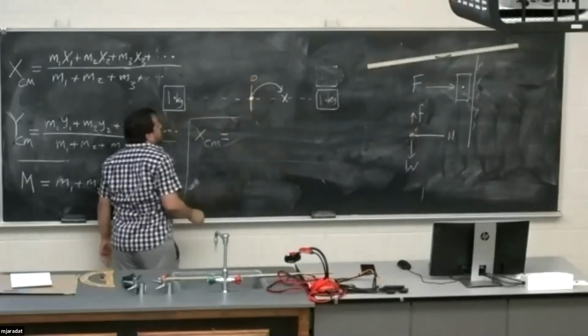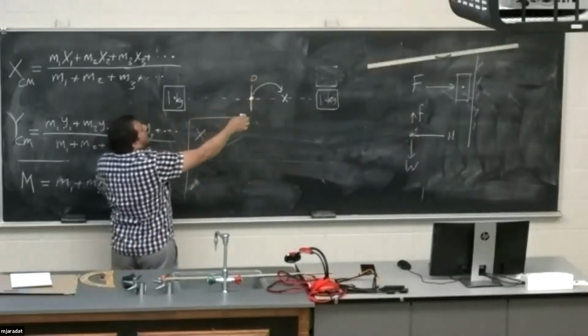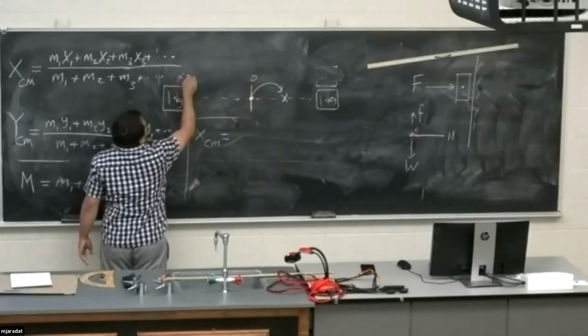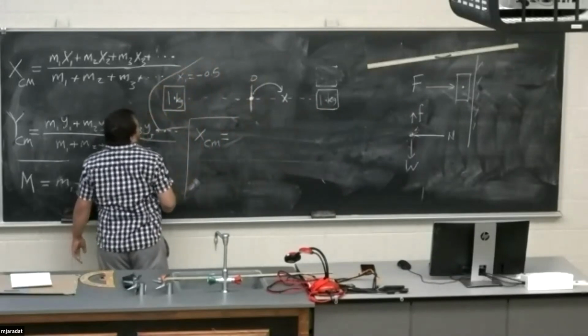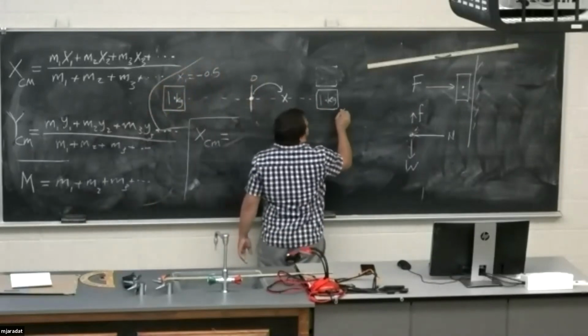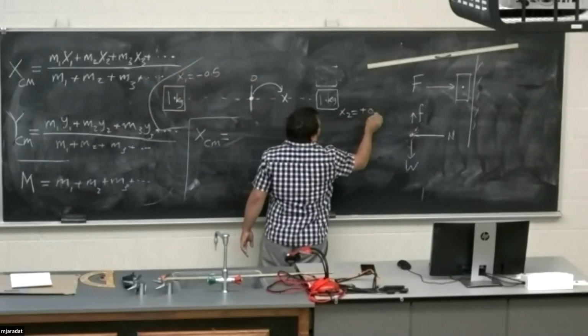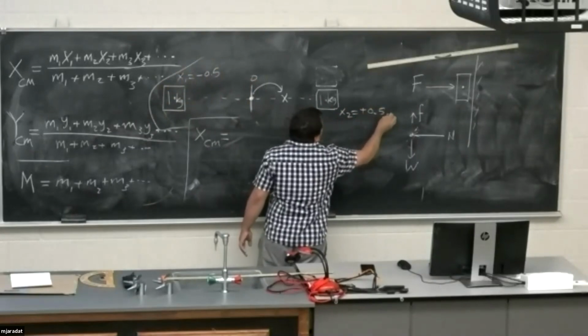This is the 0. The distance is 1 meter, so x1 is equal to negative 0.5 meters, and x2 is equal to positive 0.5 meters.